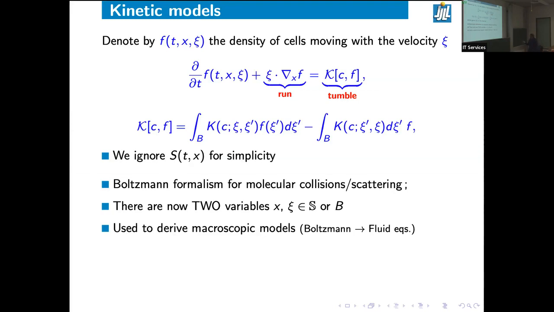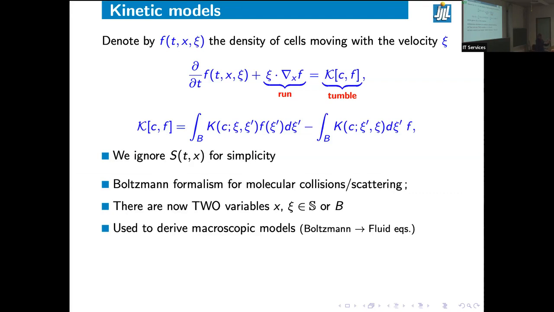Here, the velocity space, I call it B. It could be that during the jump, the cells always have the same speed. So in some sense, the velocity space should be the sphere. It's not true, because in fact it is really a 3D experiment. You have a 2D tube that you have seen, but there is a thickness.